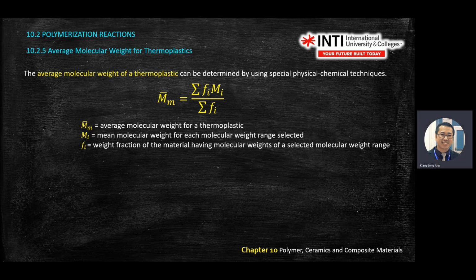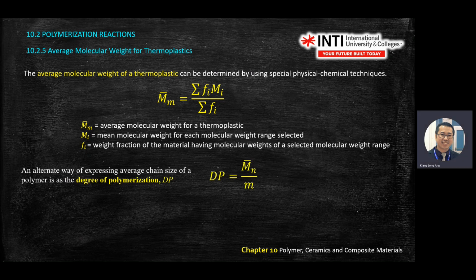So M equals the sum of Fm divided by the sum of F. It's like you finding the center of gravity or center of mass, the Y bar thing. Same principle. The degree of polymerization can also be written as the chain size, where you take the average molecular weight divided by the molecular weight, like what you calculated just now.